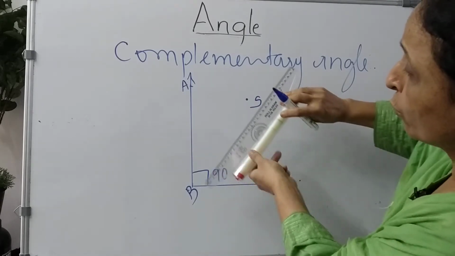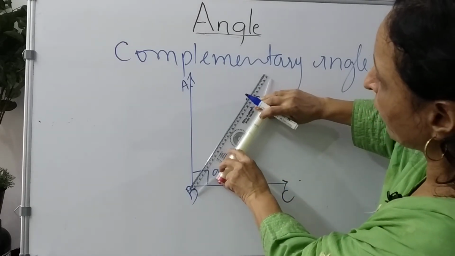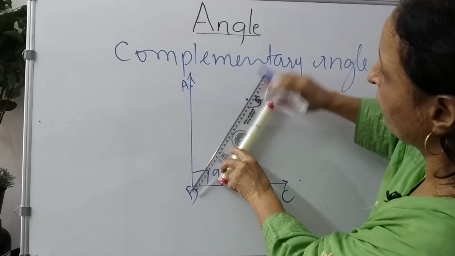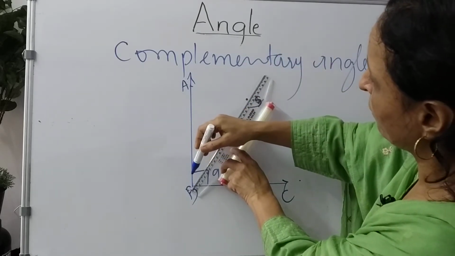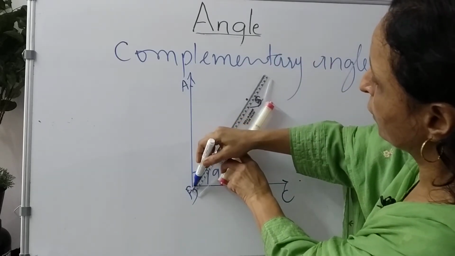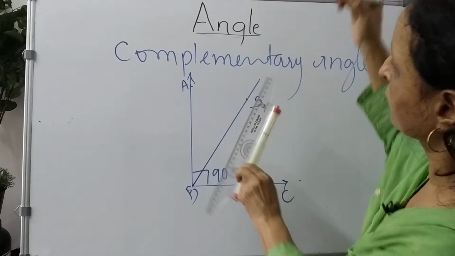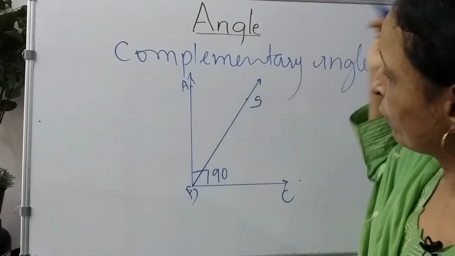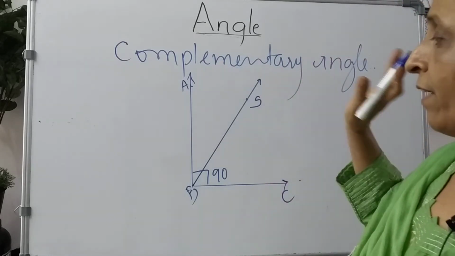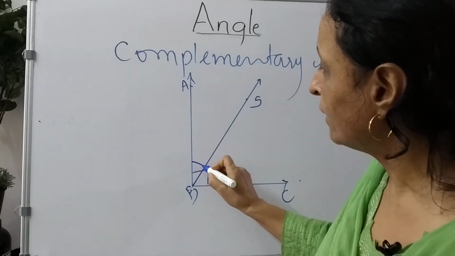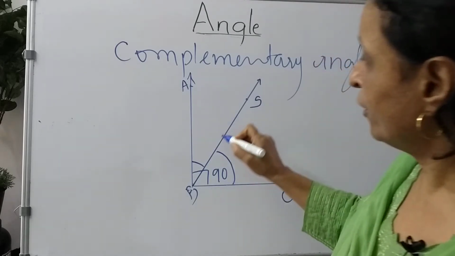And through this I draw a ray. Now I am drawing a ray through this point from the vertex. So here I have drawn this ray. Now these two angles are different.